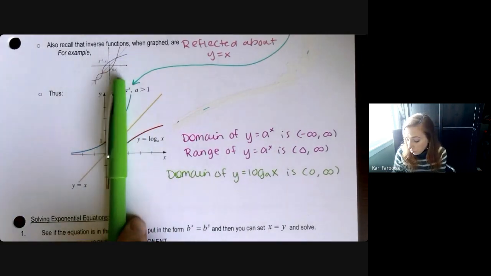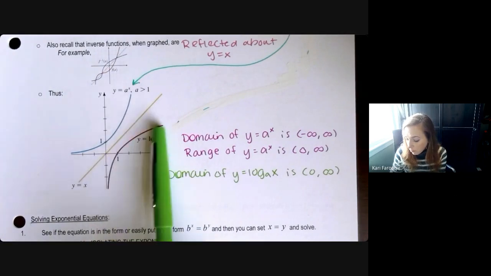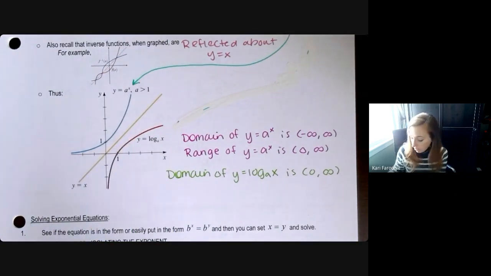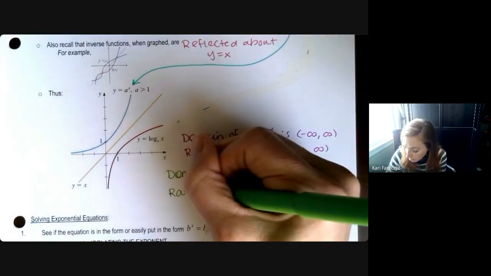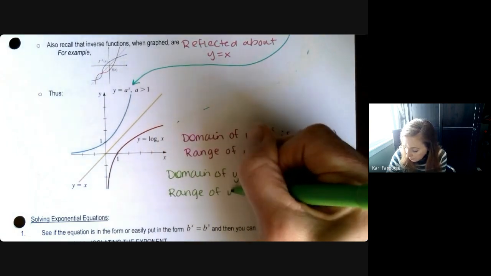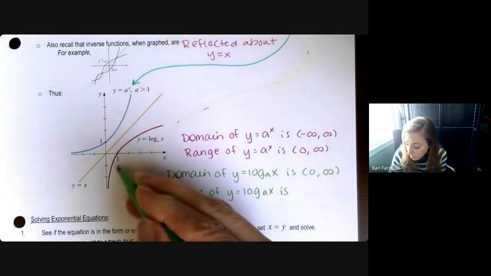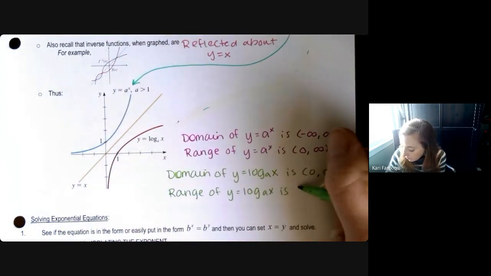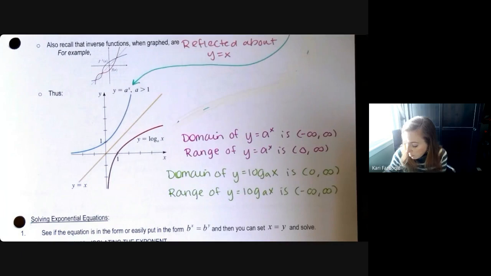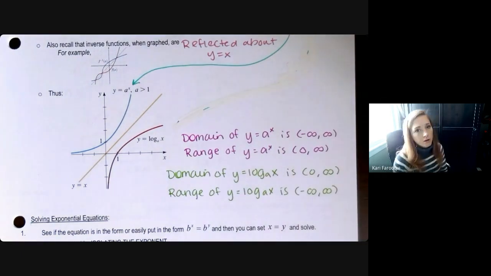And you can see this represented on the graph. Our log function only covers positive values. And we would say that the range of y equals log base a of x can cover any real number. So it's going to be the same as the domain of your exponential function.